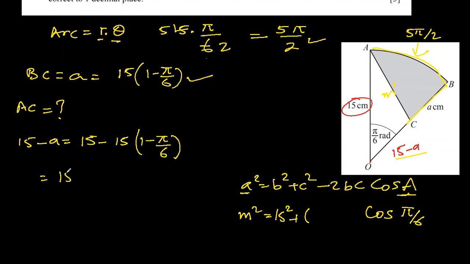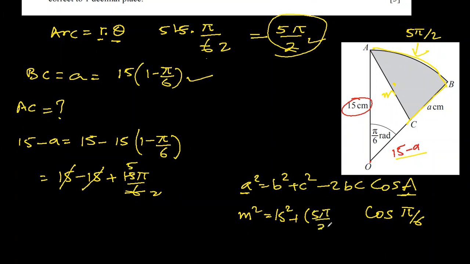So that is 15 minus 15 plus 15 pi over 6. 15 and 15 cancel. Oh, we got exactly the same as we got for the arc, 5 pi over 2. Okay, so (5 pi over 2) squared minus 2bc.